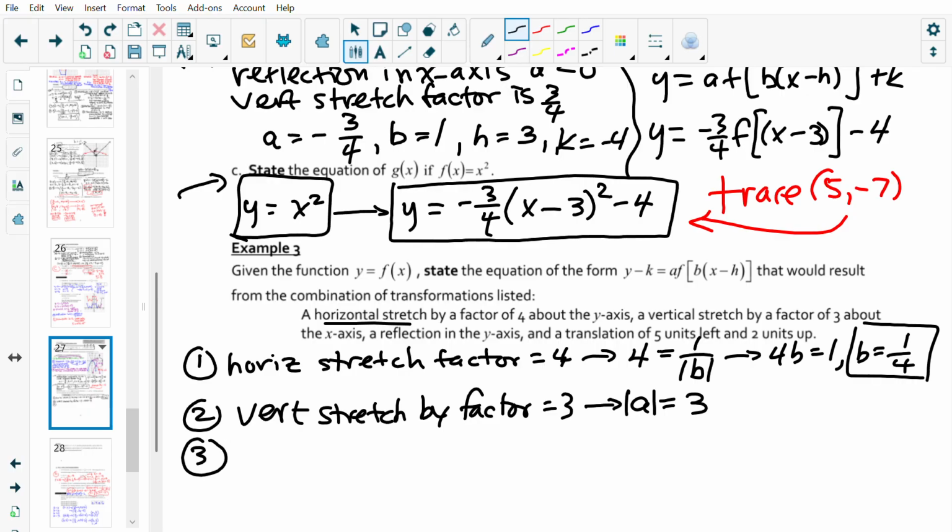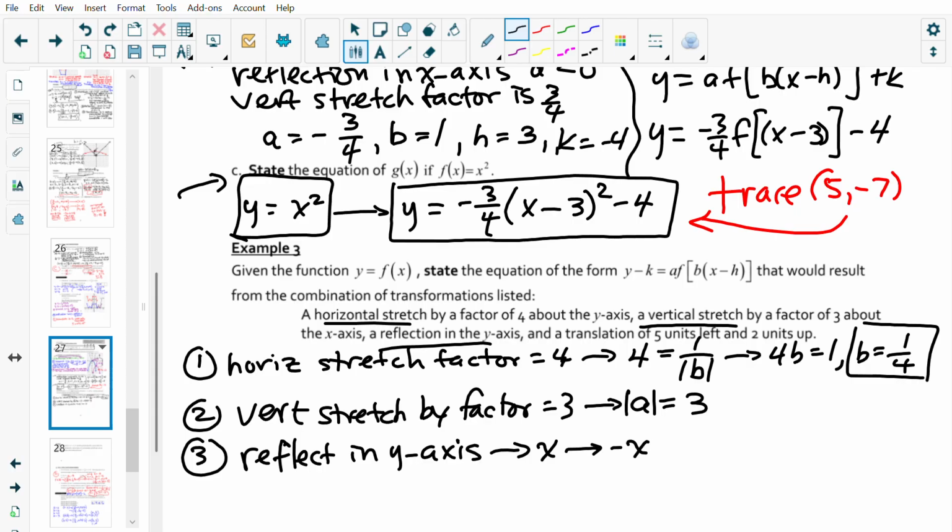Number 3. So we did the vertical stretch. Next one is a reflection in the y-axis. Reflect in y-axis. Well, when I do that, what happens? Remember we're flipping it or reflecting it about the y-axis.